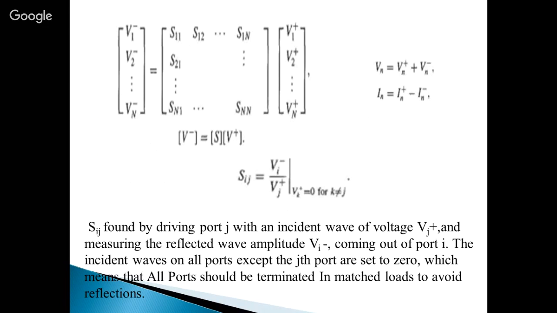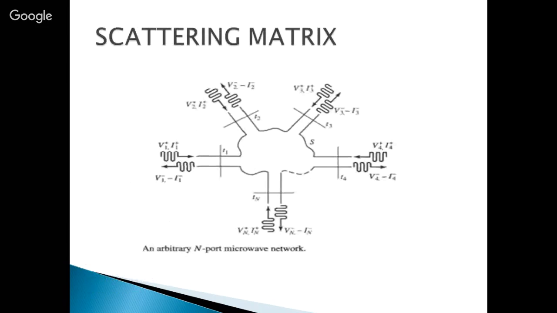Before giving the relation, first we will see the diagram of the network. Therefore, we have considered an N-port microwave network. At the first port, V1 minus and I1 minus are the reflected voltage wave and reflected current from port number 1, while V1 plus and I1 plus are the incident voltage and incident current at port 1.